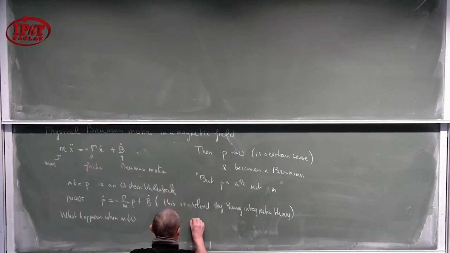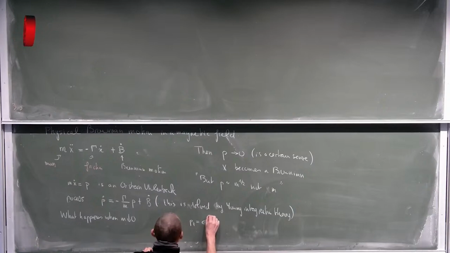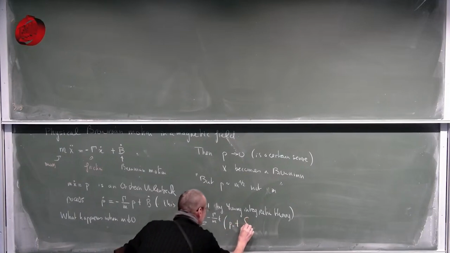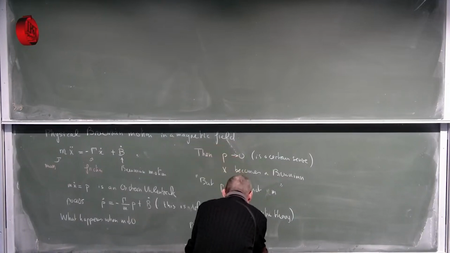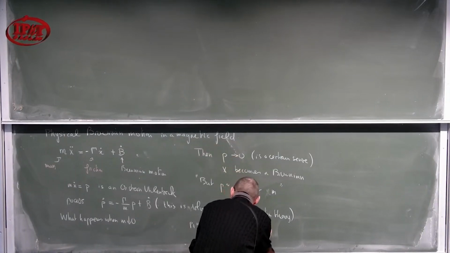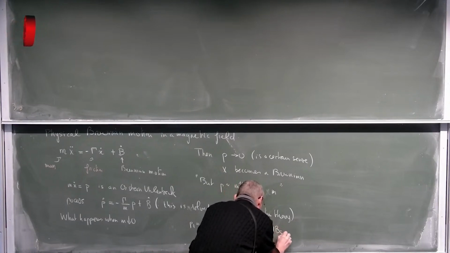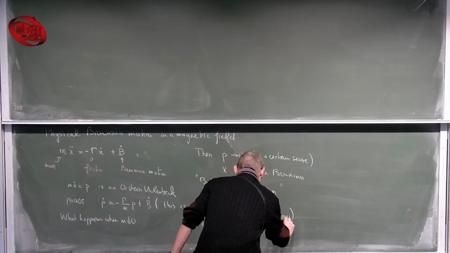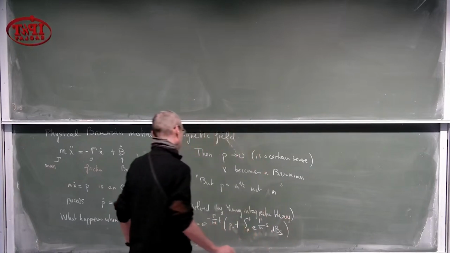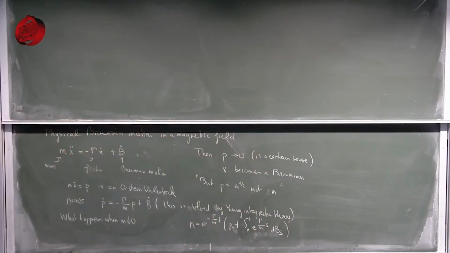So what you get is P(t) is equal to e to the minus gamma over m t, P0, plus the integral from 0 to t of e to the gamma over m s, dB_s. Yes, that should be something like that. That's what you find.